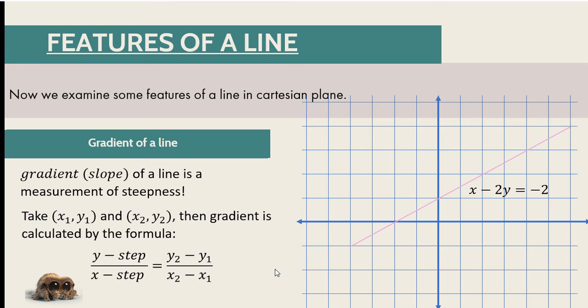The y step means the change in the y coordinate, and the x step is the change in the x coordinate. We take the y step divided by the x step. And more explicitly, it is (y2 - y1) divided by (x2 - x1).